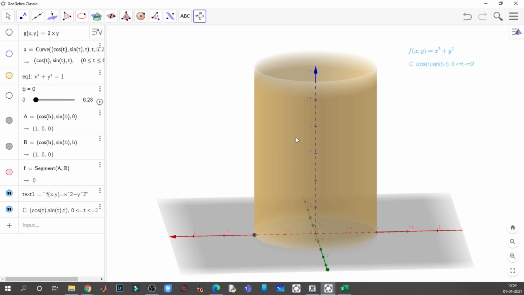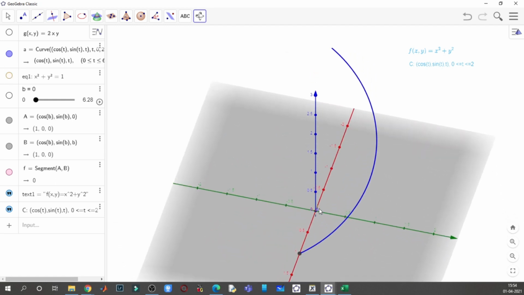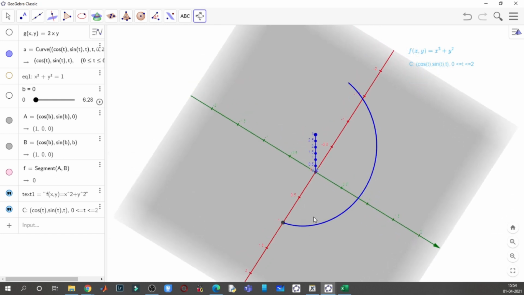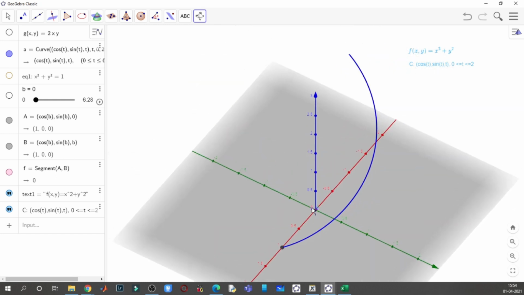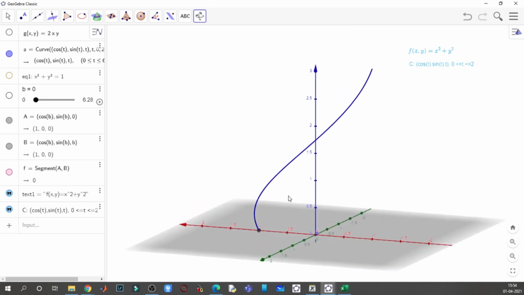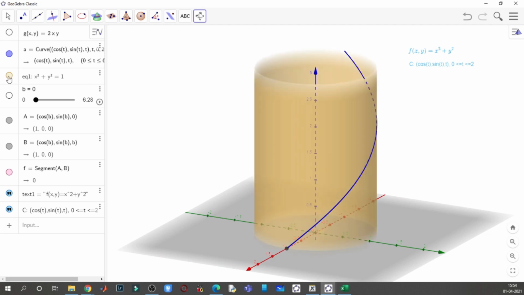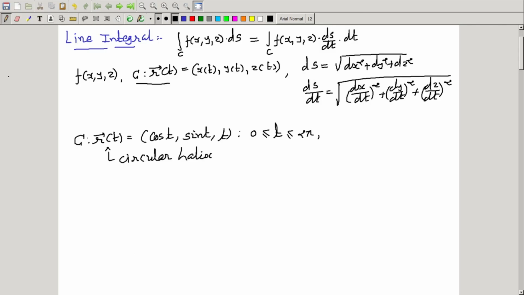Right. So what happened? The curve C looks like this. See, this is the curve. Right. So the circular helix looks like this. Here I drew the curve from 0 to 2 pi. This is the curve C. Right. So for example, suppose I am drawing the curve 0 to 3 pi, then it might be this.